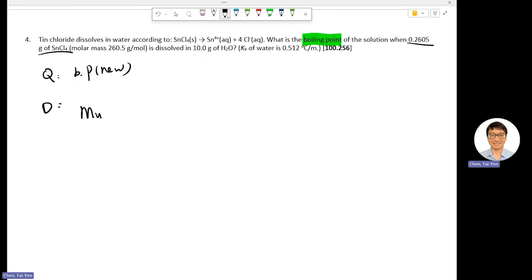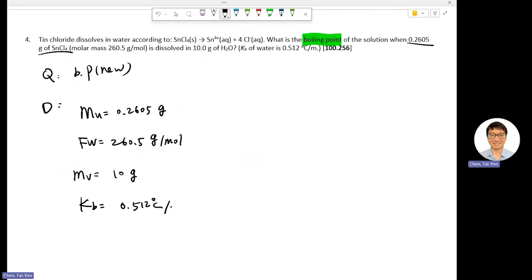The mass of your solute is 0.2605 gram. Formula weight of your solute is 260.5 grams per mole. The mass of your solvent, which is your water, is 10 grams. Then your Kb is 0.512 degrees C per molal. Those are things that you know.